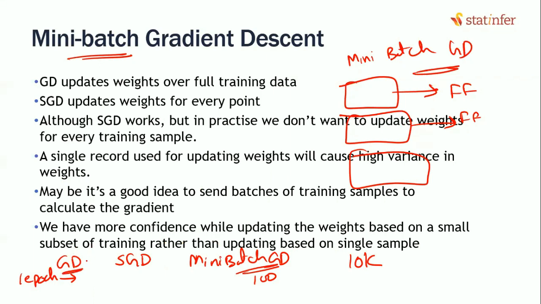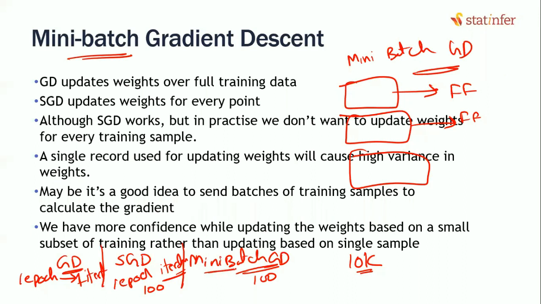If you have overall 10,000 records, in the gradient descent method, one epoch will have one iteration. Spot on. In stochastic gradient descent, one epoch will have how many iterations? In stochastic gradient descent, one epoch will have 10,000 iterations.